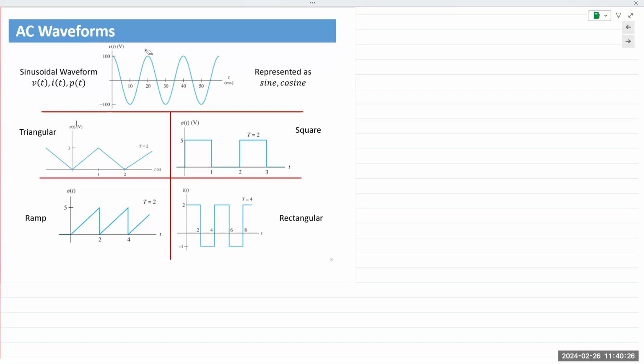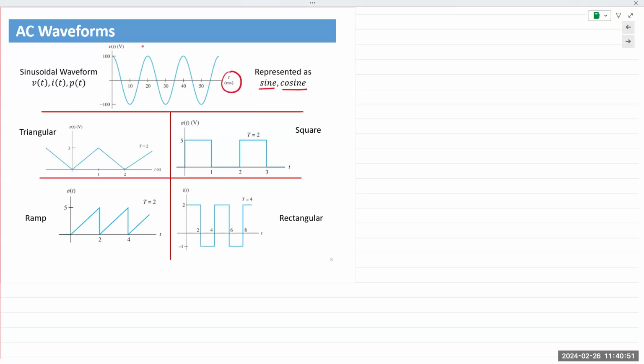So here we have an AC waveform that is in the shape of a sine wave. Mathematically, we can represent this signal, this wave, as either a sine or a cosine function. The x-axis is always time.